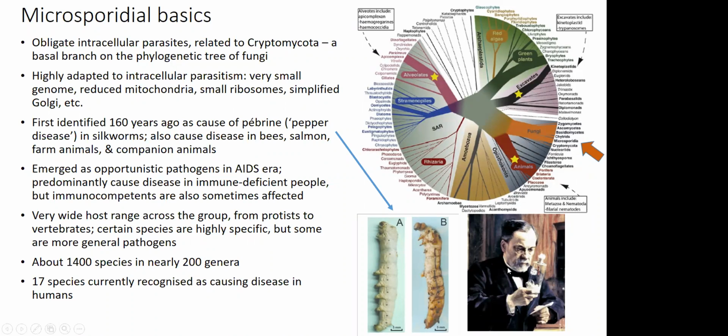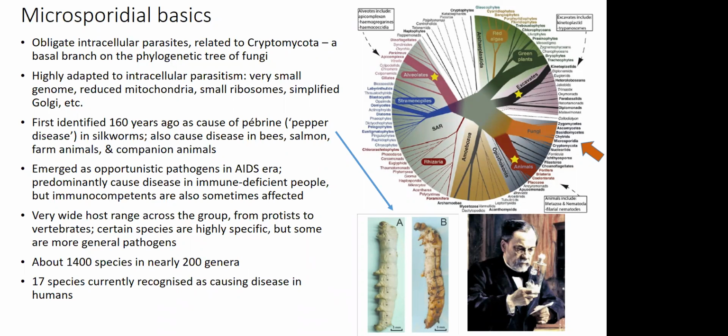And the serious looking guy next to them is Louis Pasteur, who was tasked with controlling this disease because it was a major economic issue for the silk industry in France at the time. And he solved the problem largely through implementing basic hygiene regulations and procedures in silkworm farms.